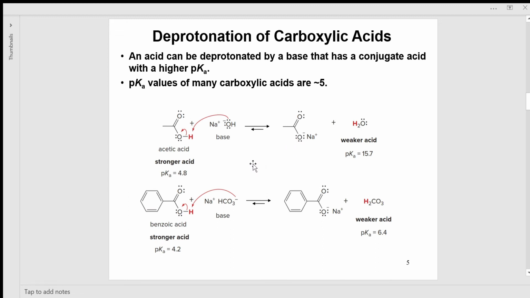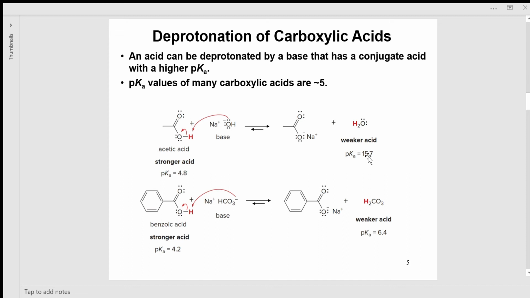So we compare the pKa values. The pKa value of this acid is about 5. Water's pKa value is about 16. Again, pKa value is a very important concept for many chemistries: organic chemistry, general chem, physical chem.